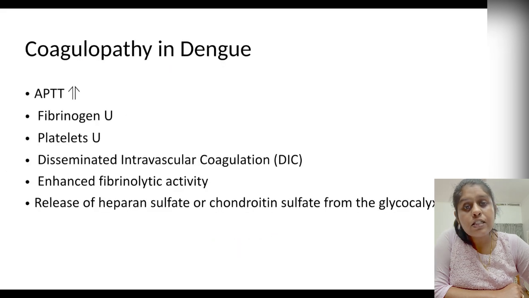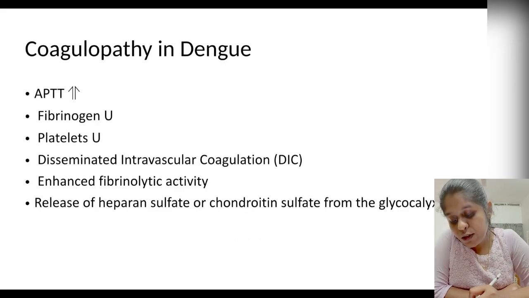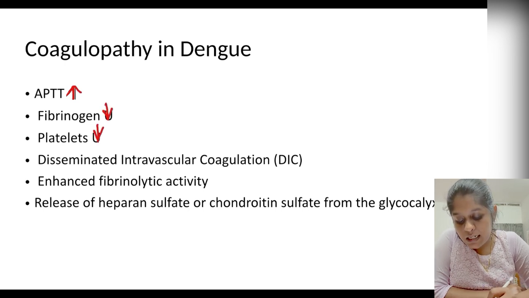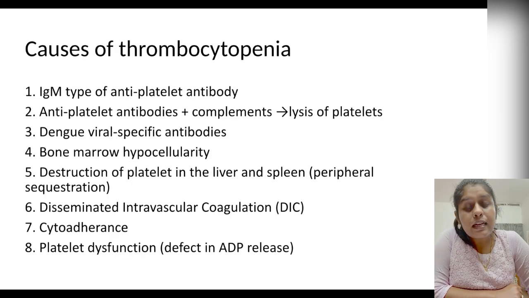The other features that you can see in dengue include coagulopathy. Coagulopathy in dengue is mainly because of increase in APTT, decreased fibrinogen levels, decreased platelet levels, DIC, enhanced fibrinolytic activity, and release of heparan sulfate and chondroitin sulfate from the glycocalyx. You know that dengue can present with thrombocytopenia. Dengue is the major differential for any patient who presents with fever and thrombocytopenia.